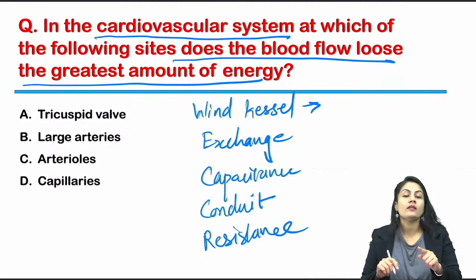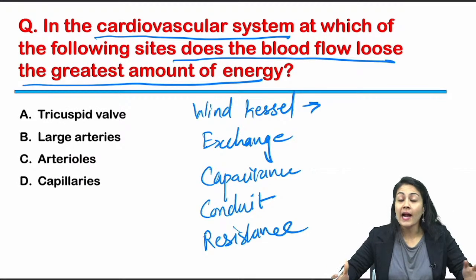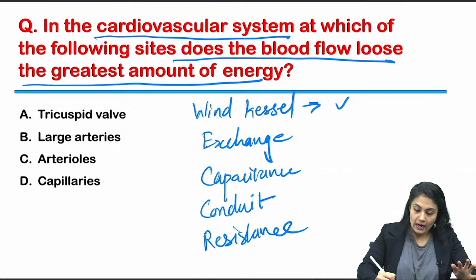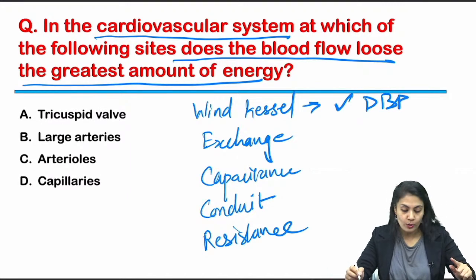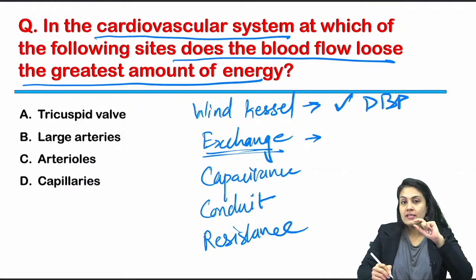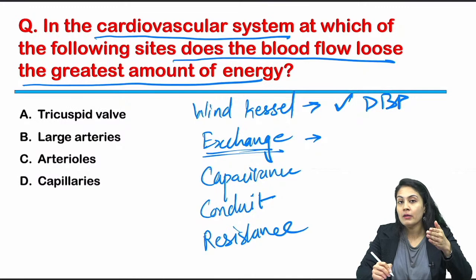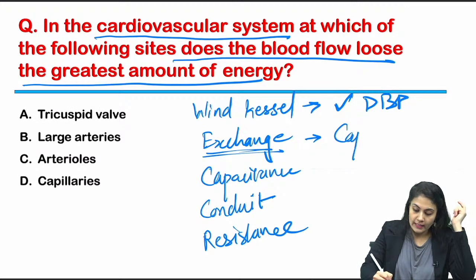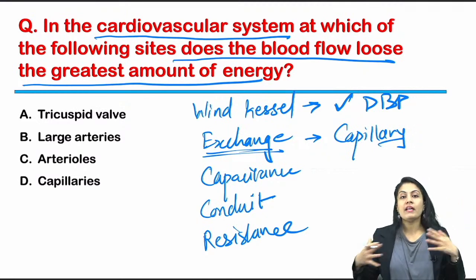So they are the elastic arteries and the aorta, right? They are helpful to maintain the diastolic blood pressure, especially the aorta. Exchange vessels are very thin and very permeable vessels, so they are nothing but the capillaries.